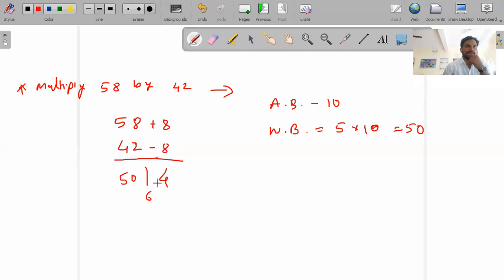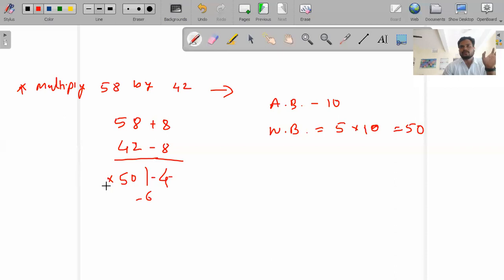If I consider 10 as the base, I don't think this will work because the minus sign is there. Am I right? Let's see.